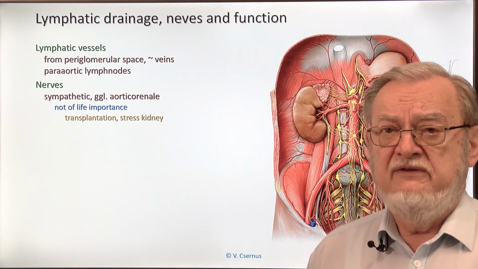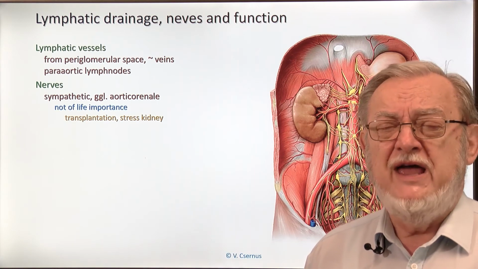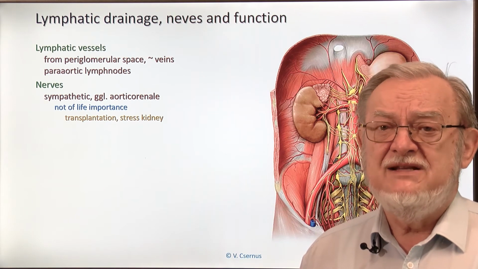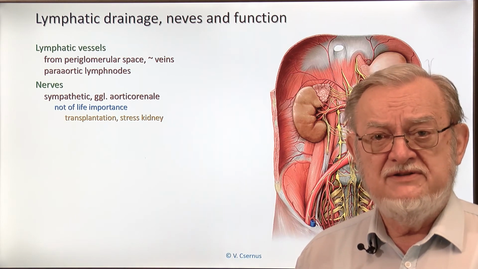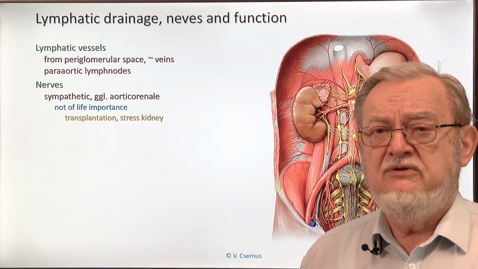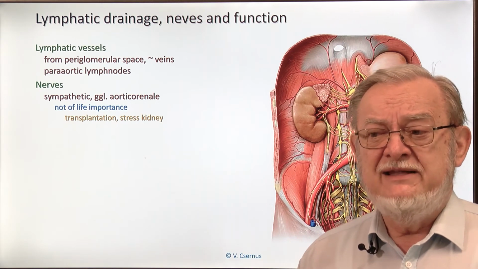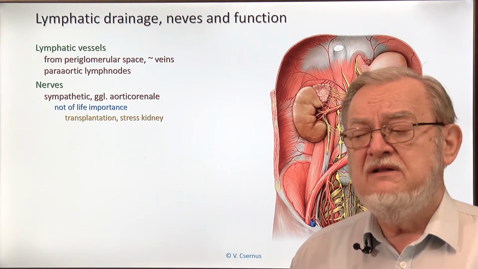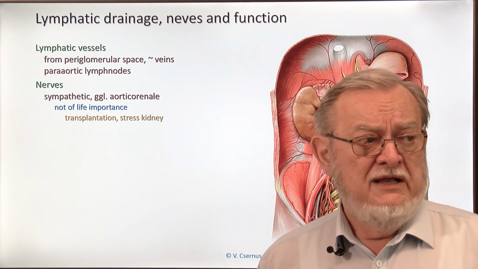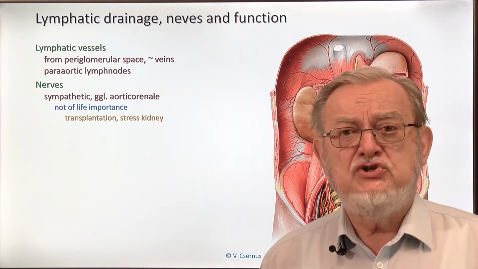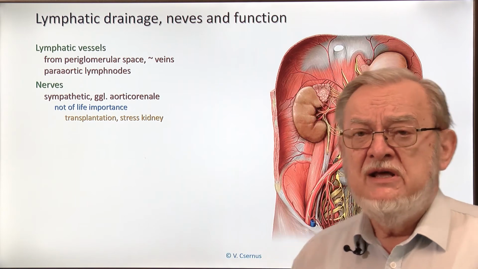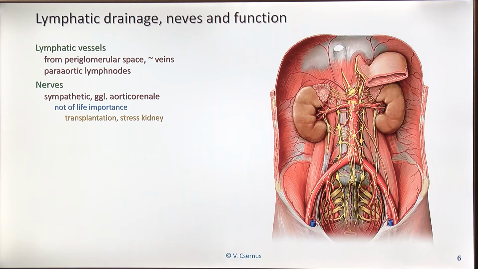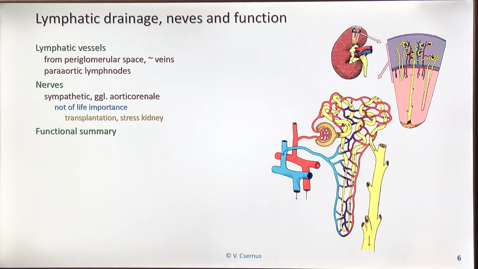The kidney works with and needs a lot of energy, and it's very sensitive to oxygen and nutrition. Consequently, even for a short period of time, when it has reduced supply, a certain quantity of the kidney tissue is damaged. This is what we name stress kidney, with the consequences you study later on during your clinical studies.